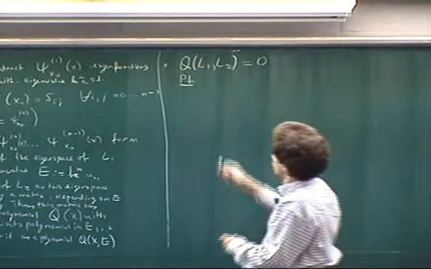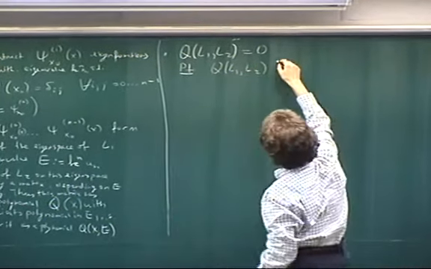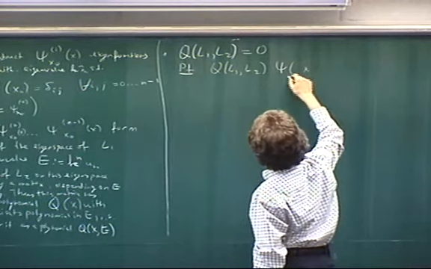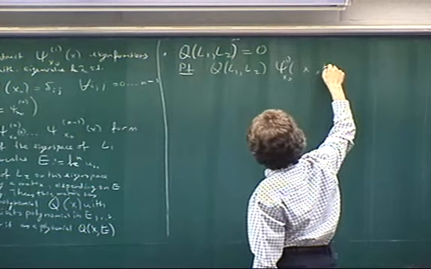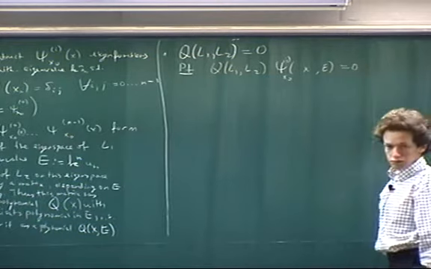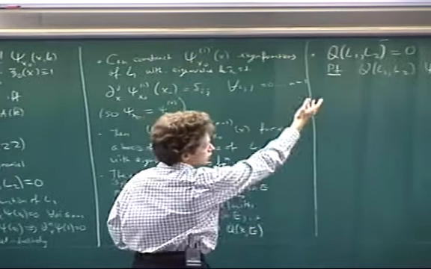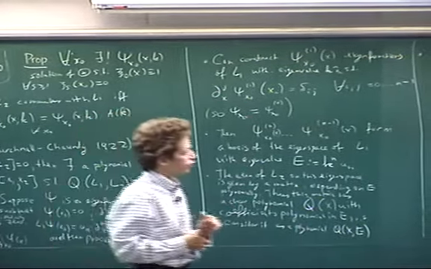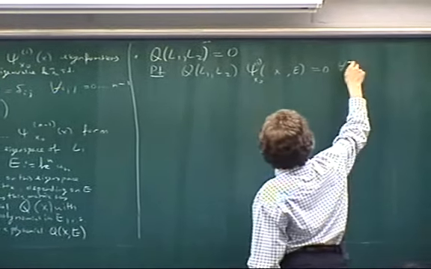I'll just evaluate this thing, it's a differential operator, at psi x naught I corresponding to some e, right? And this is 0 by definition, because this is a characteristic polynomial, and the action, so it means its action on this eigenspace is 0. And this has to be true for any e.